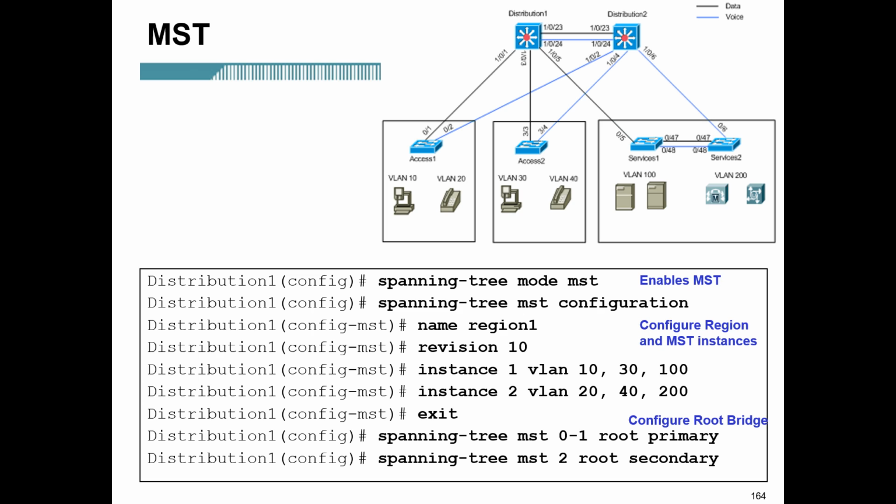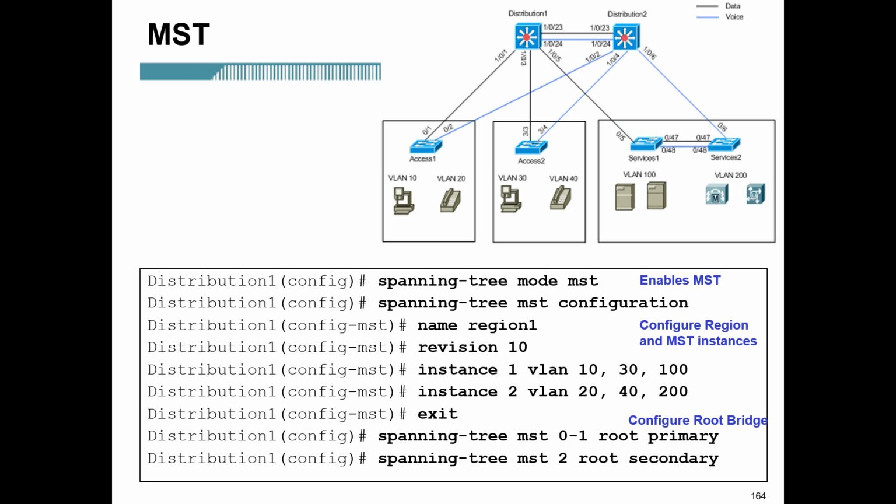So how do we do that? We can do that by globally configuring spanning tree in MST mode. Once we do that, we can go to the MST configuration. You give it a name, a revision number, and the different instances, 1 and 2, and the appropriate VLANs. Once we do that, we can set the different instances for each bridge.